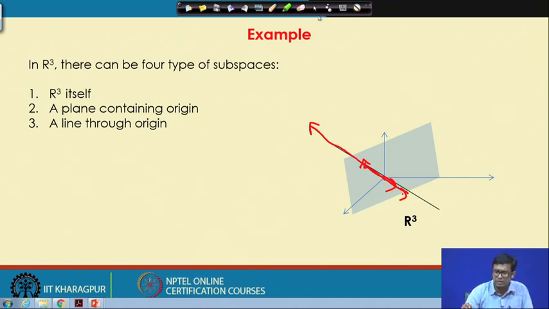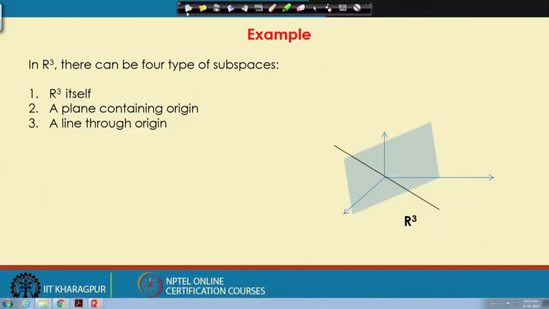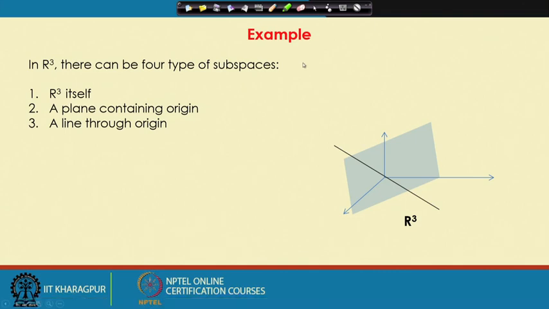Interestingly, it is to be noted that the origin, the zero vector (0, 0, 0) in R3, with 3 components, is a member of all the subspaces. And the fourth one, which we have discussed earlier also, is the zero vector itself. This is also a subspace of R3.